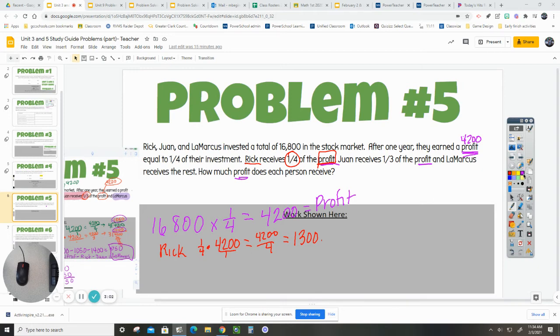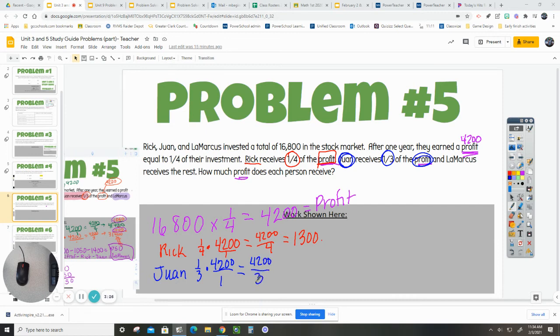Okay, our next person, let's change the color, is Juan, and he gets 1/3 of the profit. So Juan gets 1/3 of the profit of 4,200. I'm doing the same thing, going to multiply across the top, 4,200 over 3.